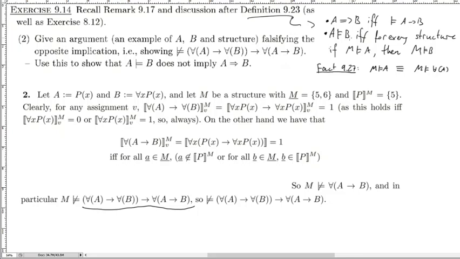If we go back to definition 9.23, B is satisfied under A implies B only if it's satisfied. So we're essentially showing that it's not satisfied, and therefore the implication of this implying this is not true.